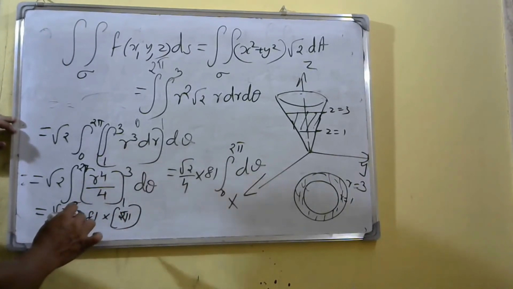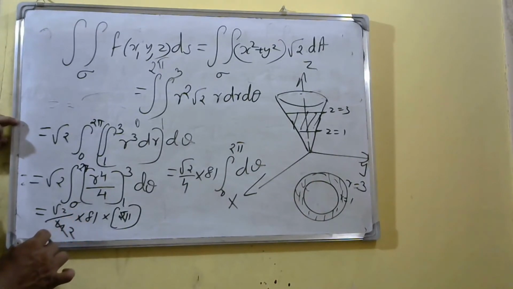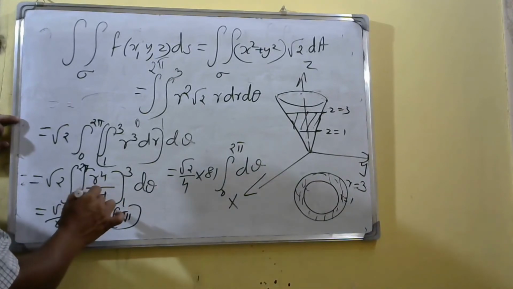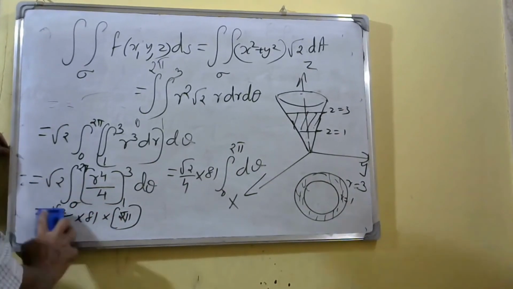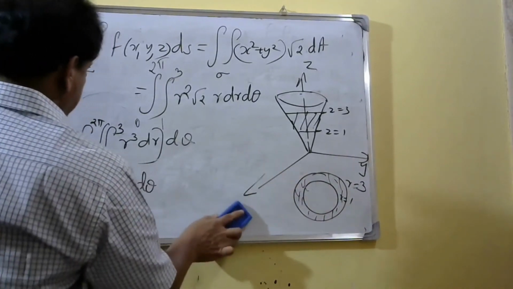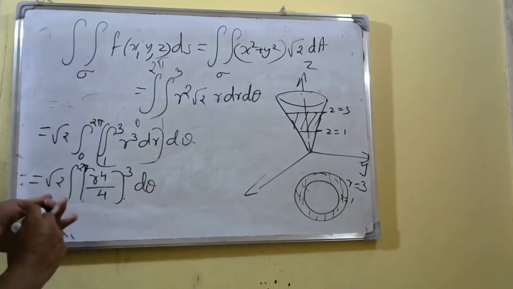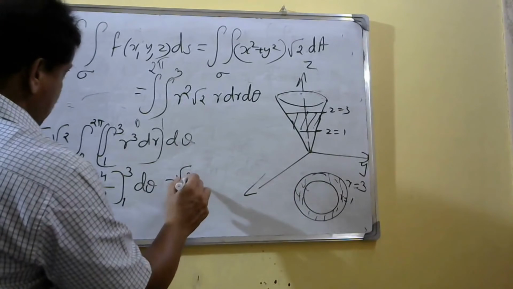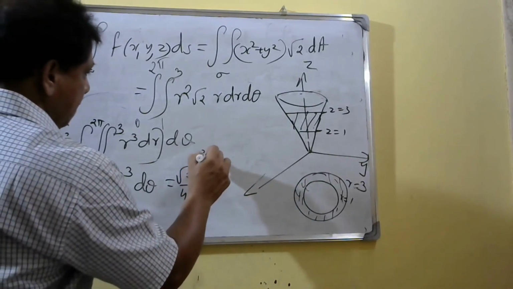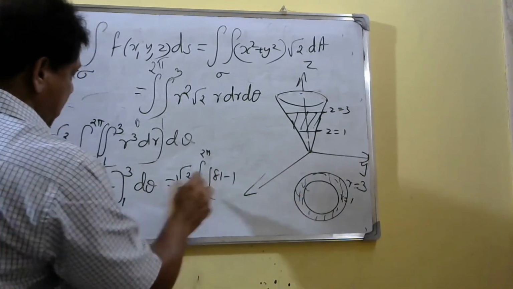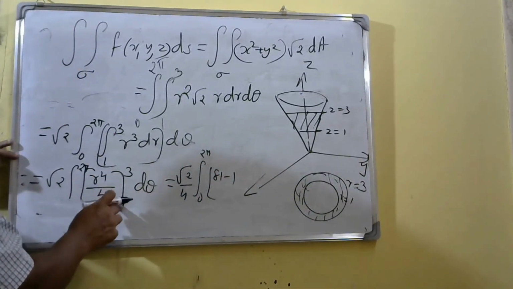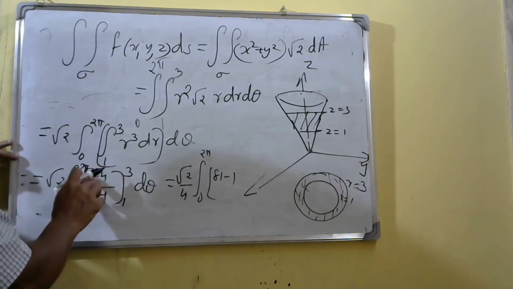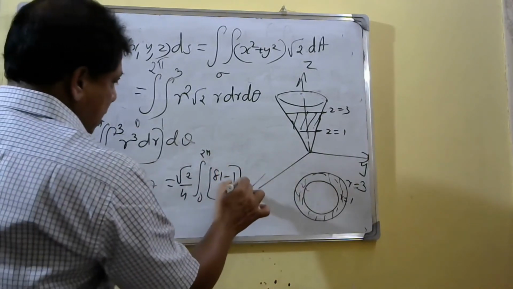Therefore, r raised to 4 by 4, 81 by 2. Then minus, when we take the limits, the lower limit is 1. Therefore, root 2 by 4, 0 to 2 pi, 81 minus 1, r raised to 4, upper limit 3 gives 81, lower limit 1 gives 1, d theta.